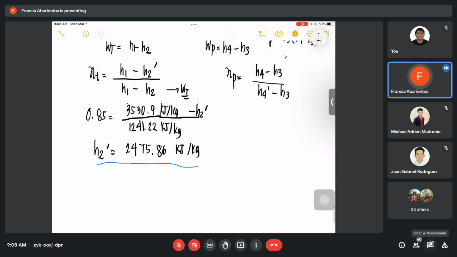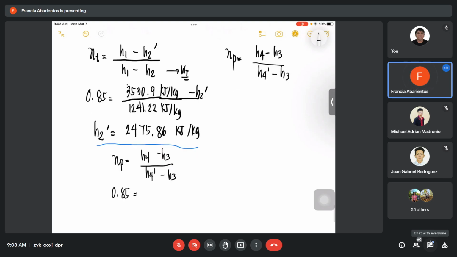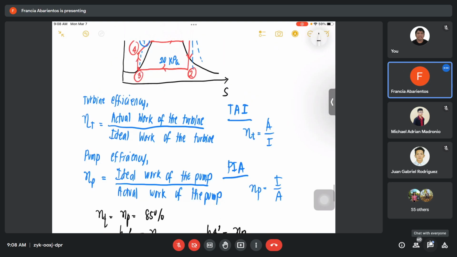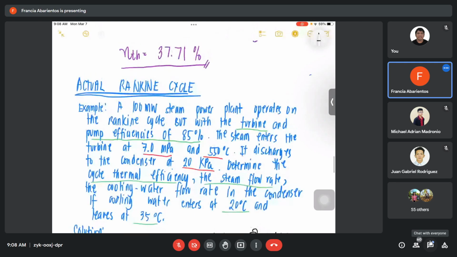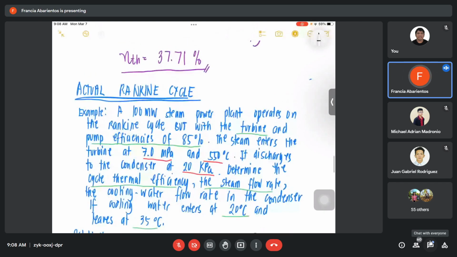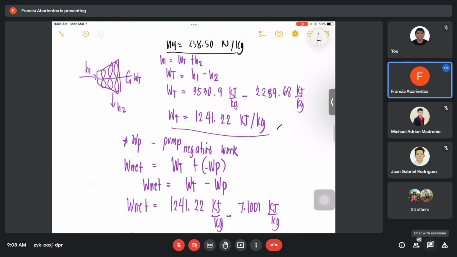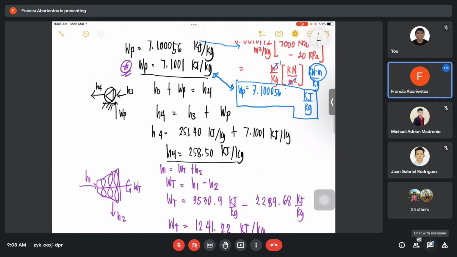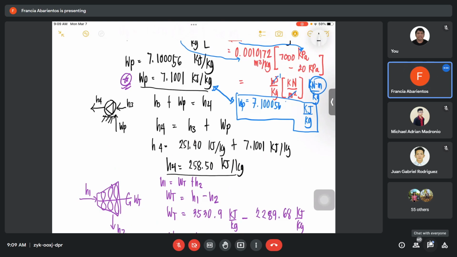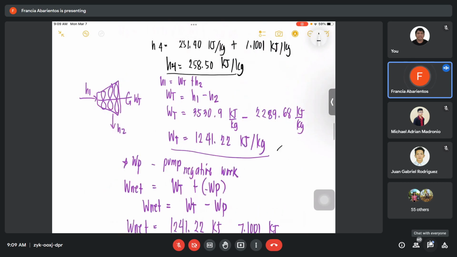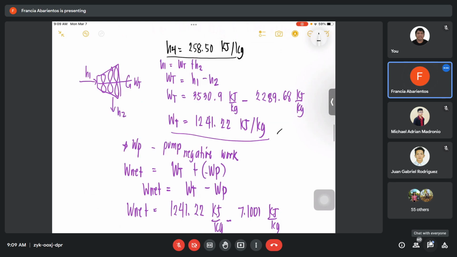That is equal to H4 prime minus H3 over H4 minus H3. 85 then, as stated in the problem, H4 minus H3. This is equal to, saan na? Work of the pump, 7.1.